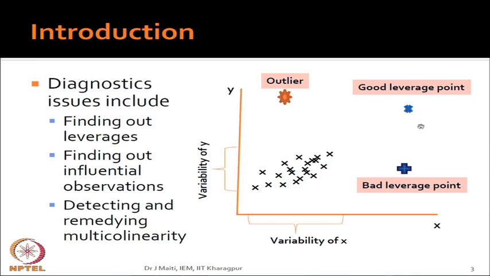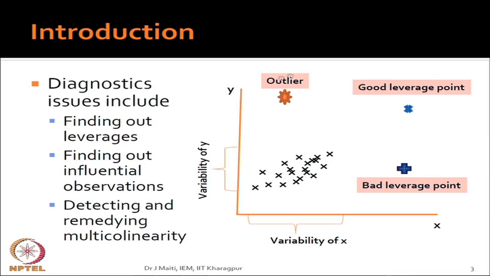Leverage point is a point which lies beyond that general mass of x. So, outlier is necessarily related to the y observations, and leverage points are related to x variability, from the range point of view.